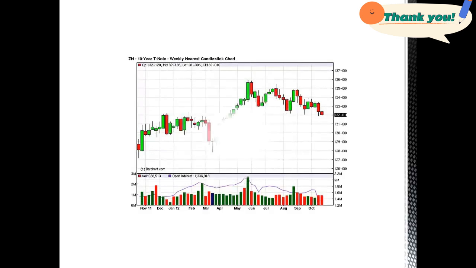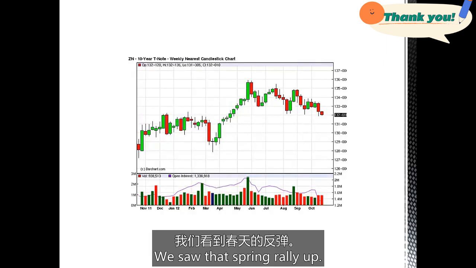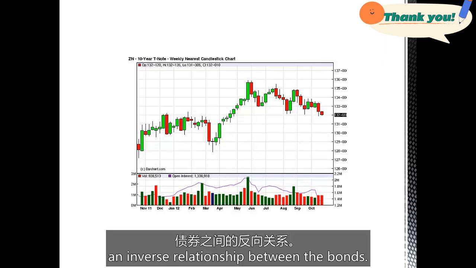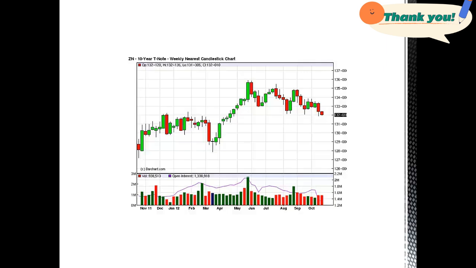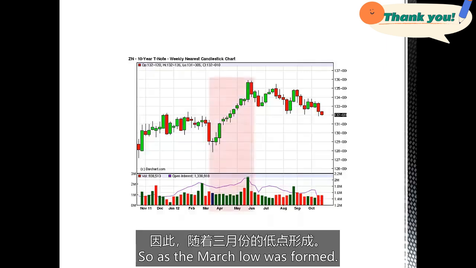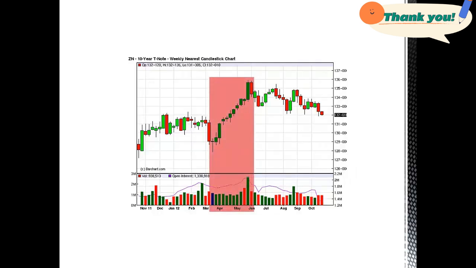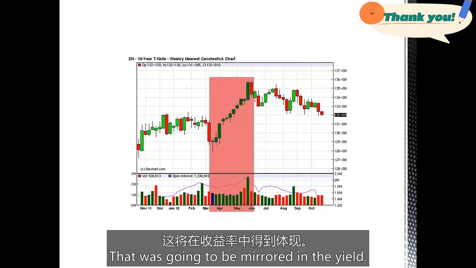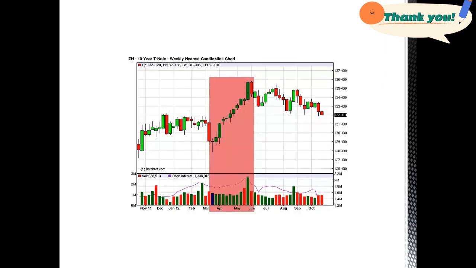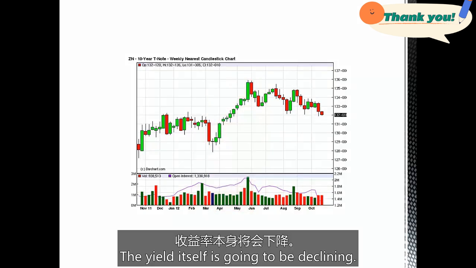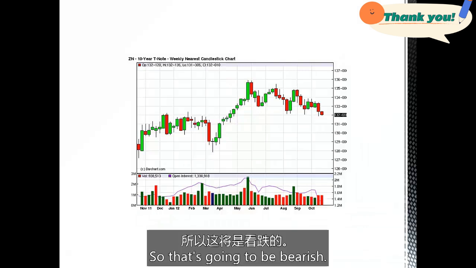This is what happened later on going into the year, we saw that spring rally up, seasonally speaking. That is an inverse relationship between the bonds and bond yields. So as the March low was formed and we rallied up into the May, June time period, that was going to be mirrored in the yield dropping. So if the T-note's rallying up, the yield itself is going to be declining.